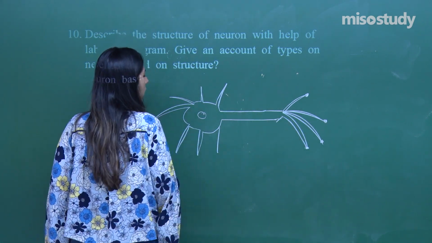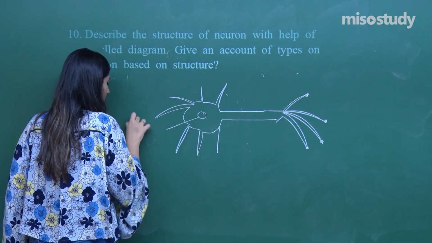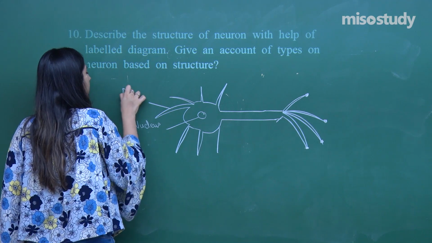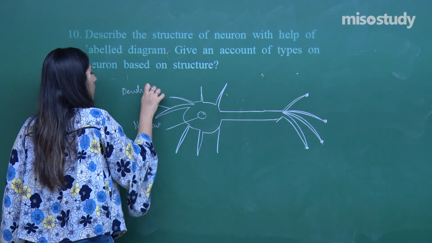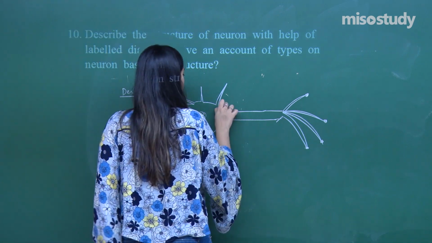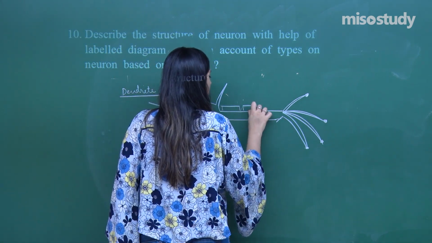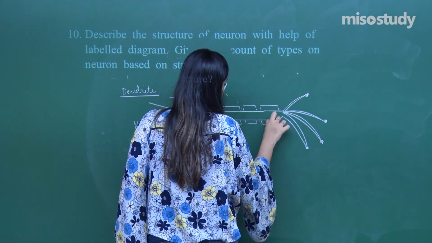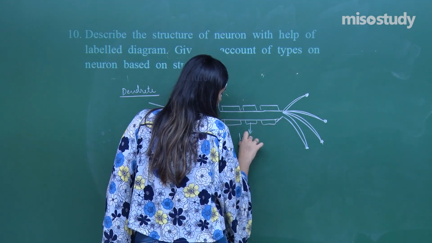In a neuron, this is called the nucleus. These are called dendrites. This is called the myelinated fiber, the myelin sheath.